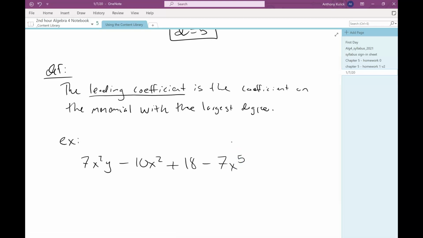To figure out the leading coefficient, we need to look at the degrees. So we have a degree 3 term, a degree 2 term, a degree 0 term, and a degree 5 term. So the leading coefficient is going to be -7, since it's the coefficient on the term with the largest degree.